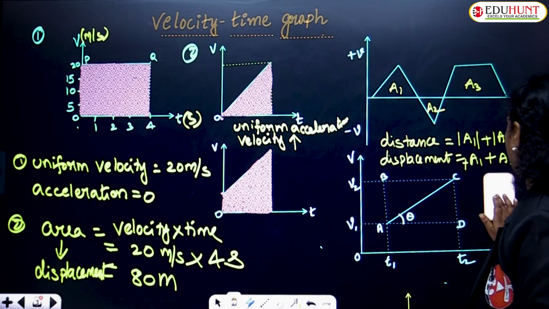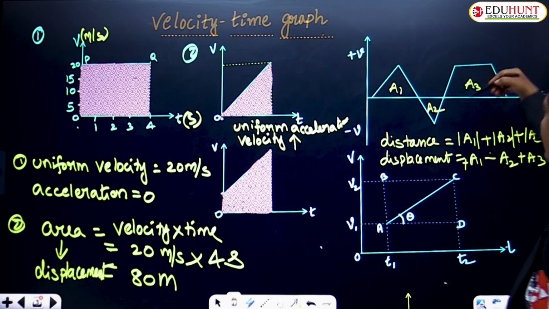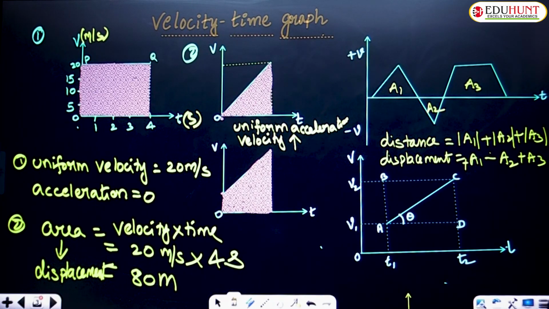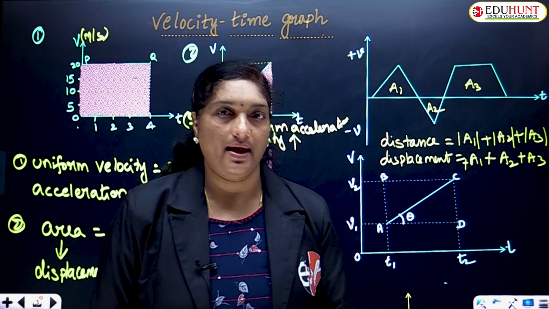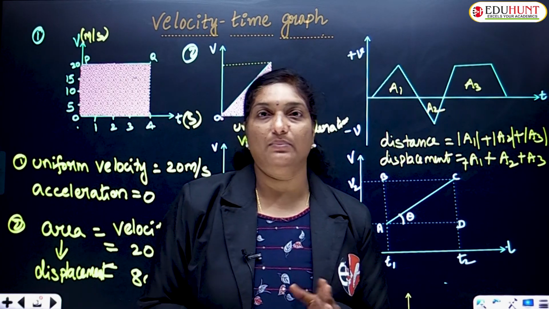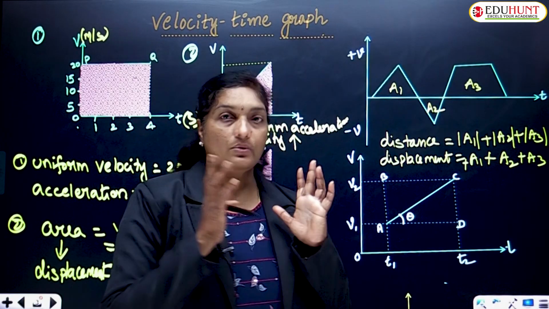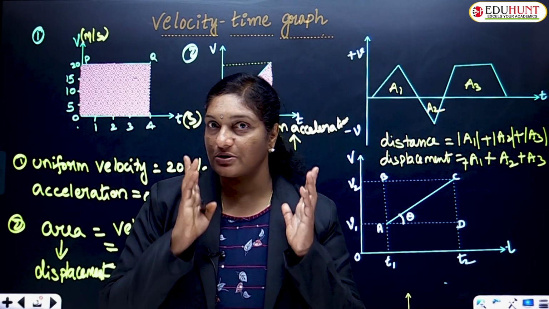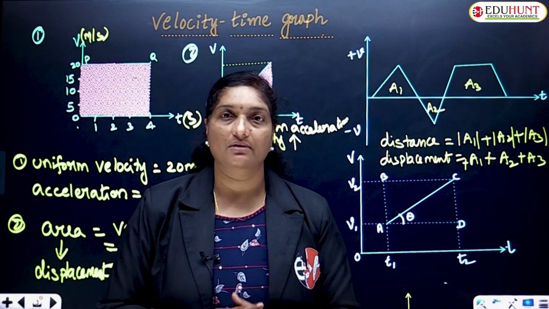And here again, positive A3, like that. Based on the symbolic notations, we have to calculate the area under the graph. Displacement means both the positive and negative values will be taken. Distance means the same area, but you must always consider the positive values. Is that clear, children? Okay.